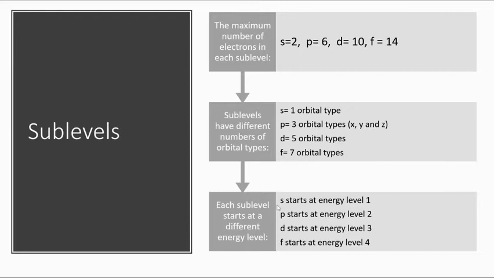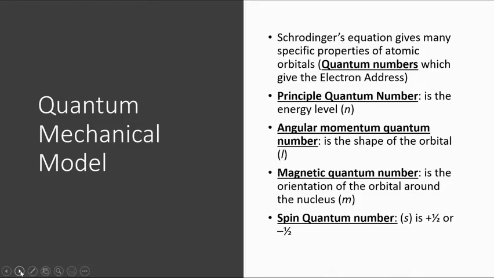In energy level 1, you only have S. Energy level 2, you have S and P. Energy level 3, you have S, P, and D. And then energy level 4, you have S, P, D, F. And those are your different sublevels. And again, just hang tight and I'll explain further.